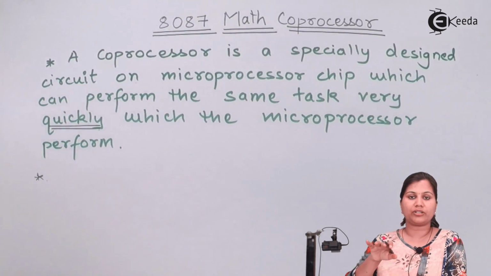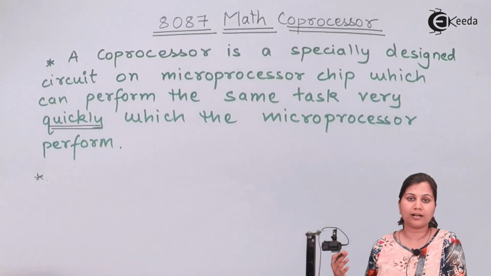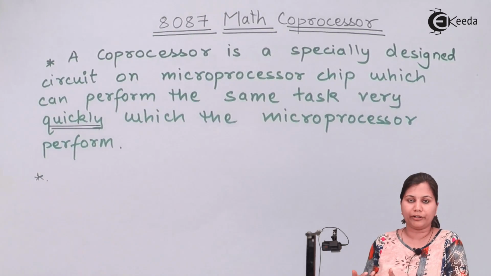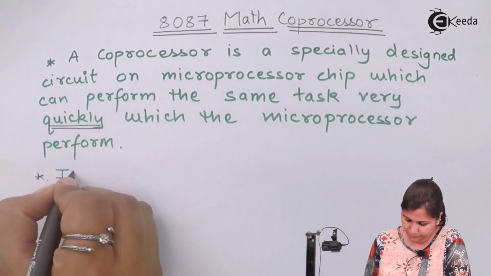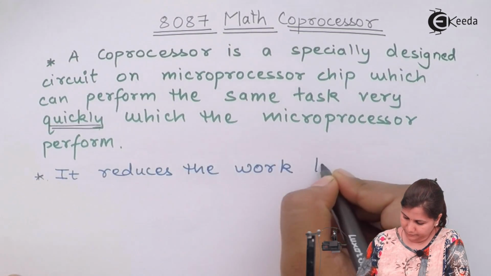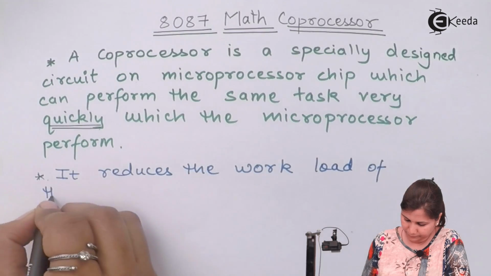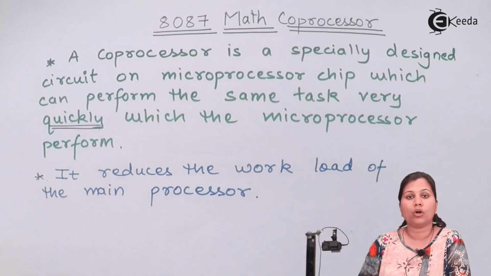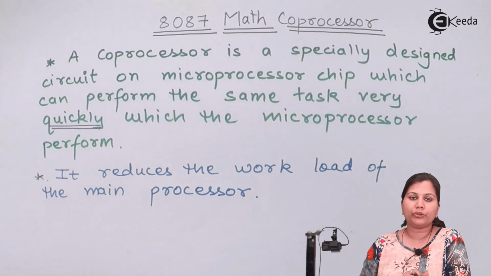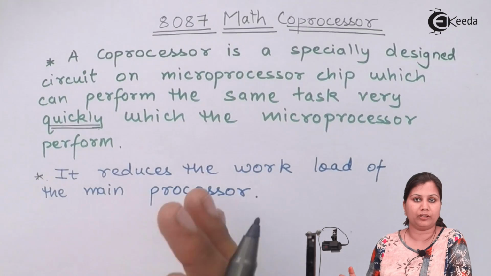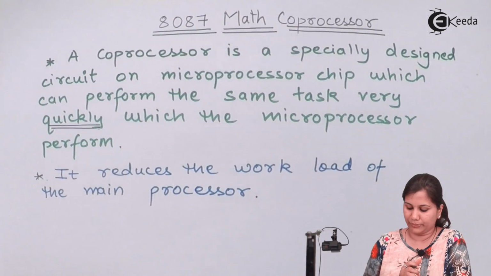All the calculations and numeric data work will be given to the coprocessor. So the main advantage of using the coprocessor is that the workload of the main processor reduces.